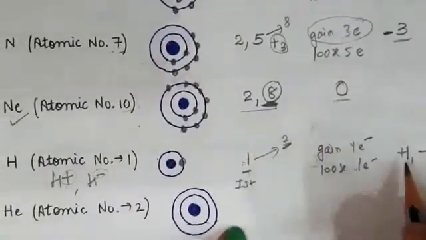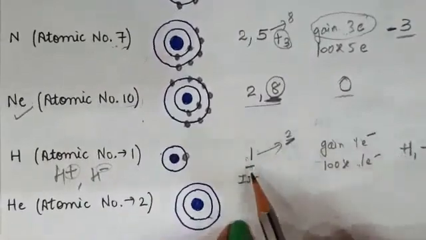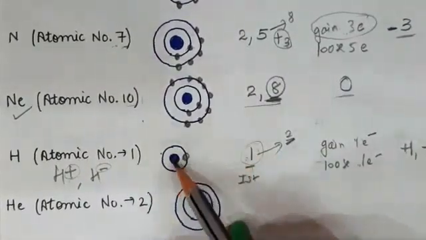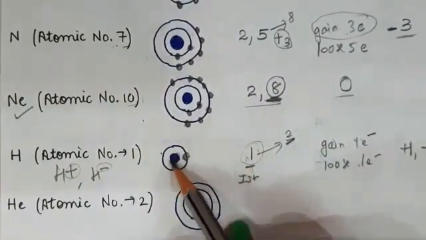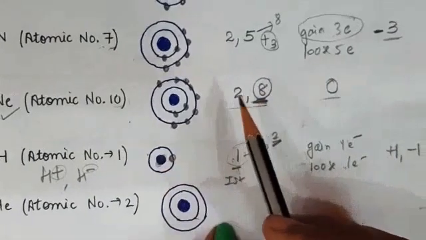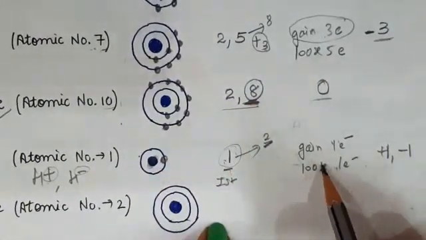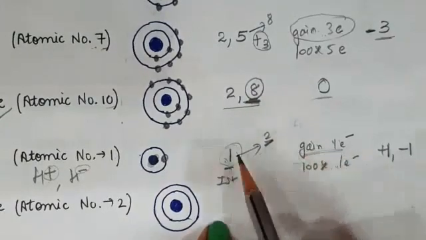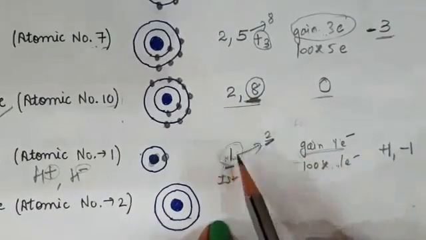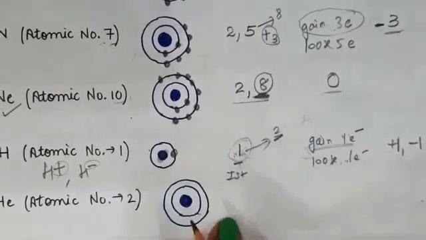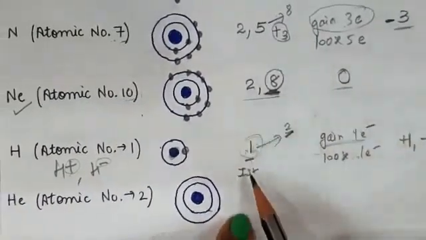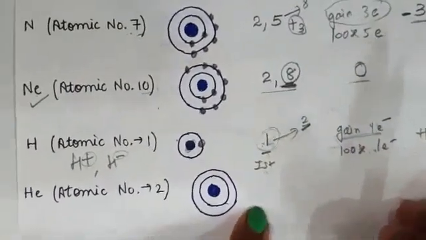Okay, plus 1 why? Because it is losing this 1 electron to achieve only nucleus. And why minus 1? Because it is gaining one electron to achieve this doublet configuration, means stable configuration. Because first shell it is doublet.